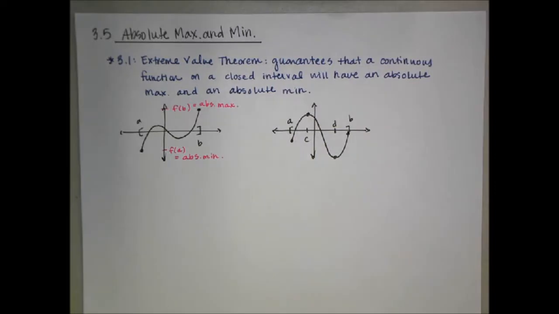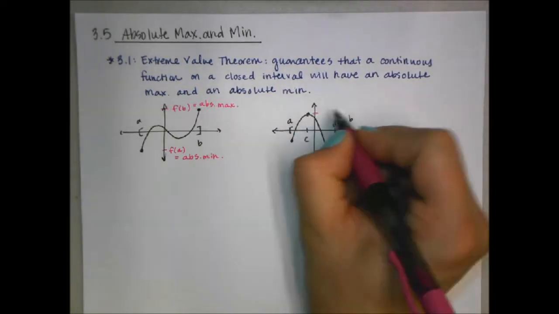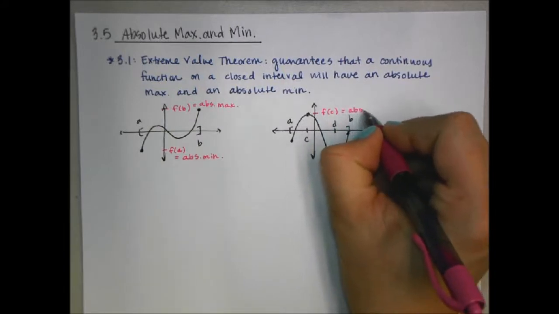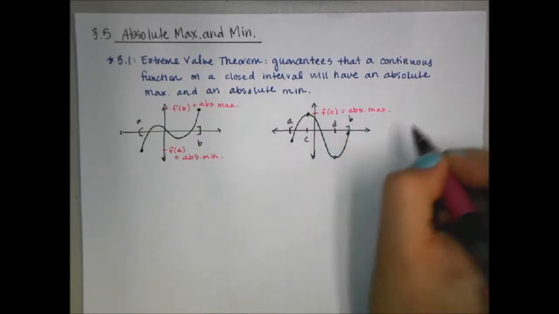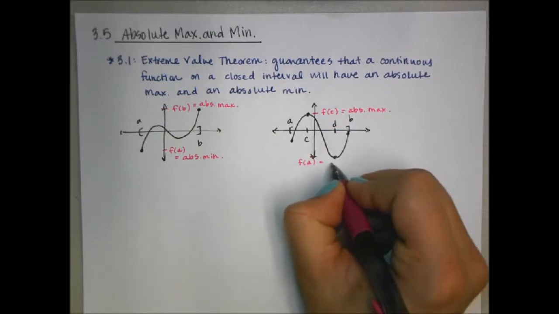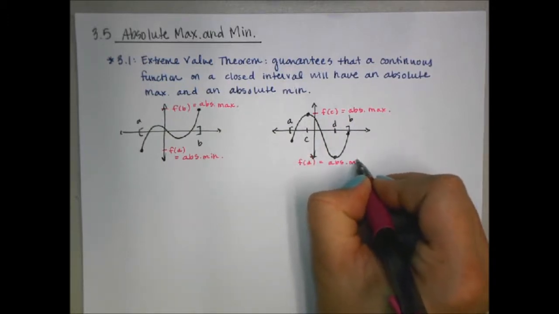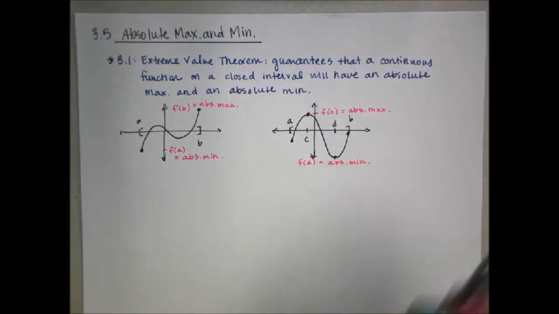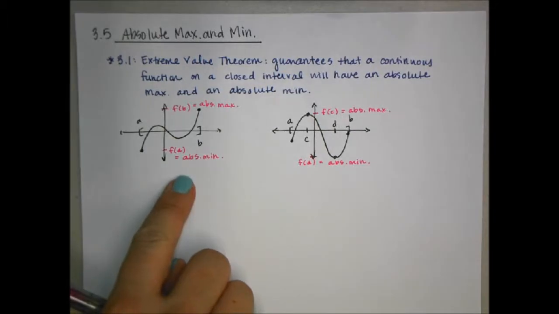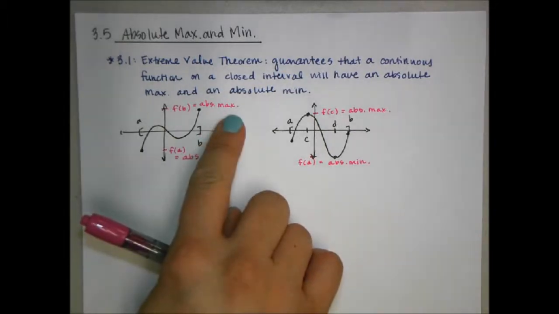So let's call these C, D. So in this case, f of C is the absolute max, and f of D is the absolute min.